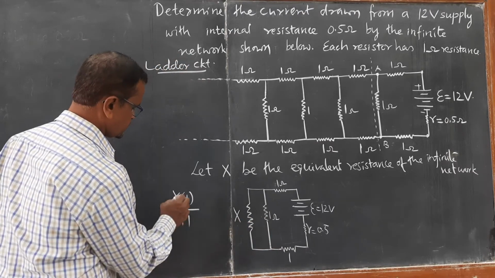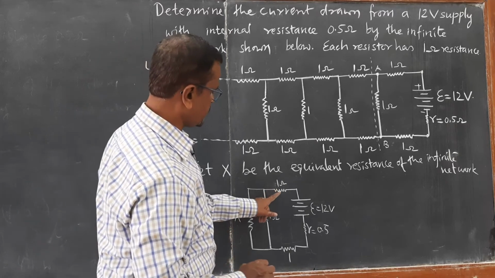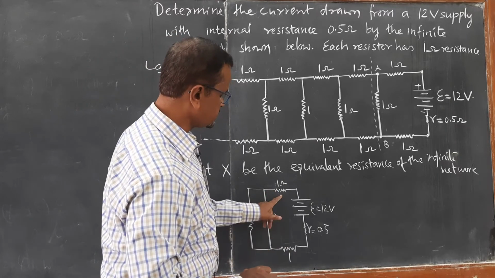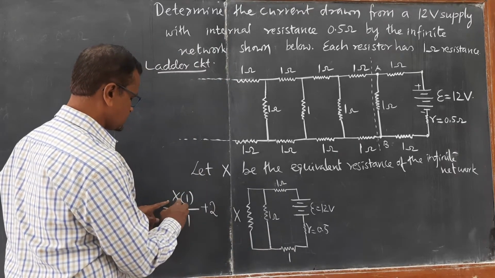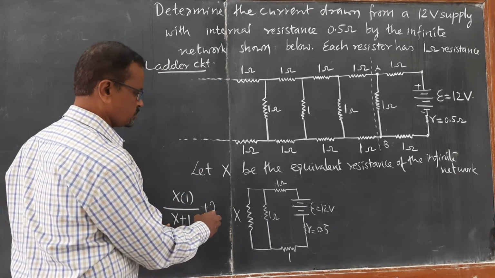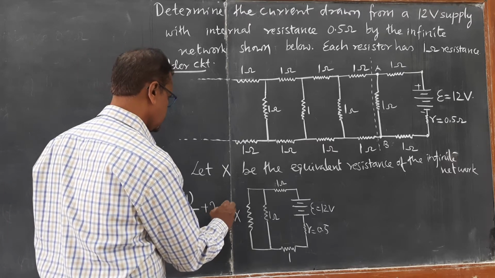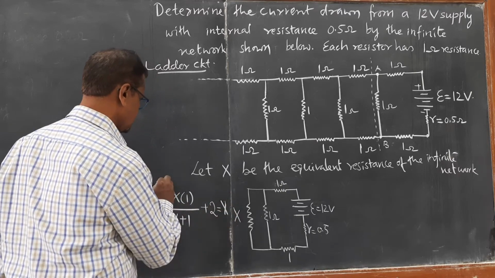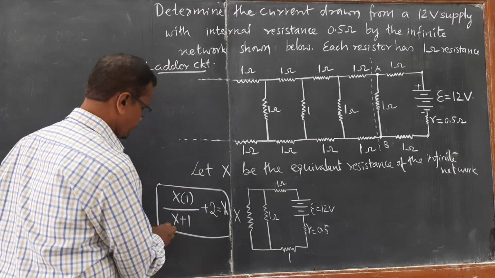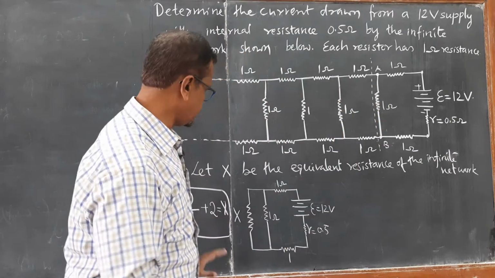The remaining 2 ohms, 1 ohm and 1 ohm each, are in series, so it becomes 2. So X divided by X plus 1, plus 2, should be equal to X itself, since we have assumed that X is the equivalent resistance of the infinite network.